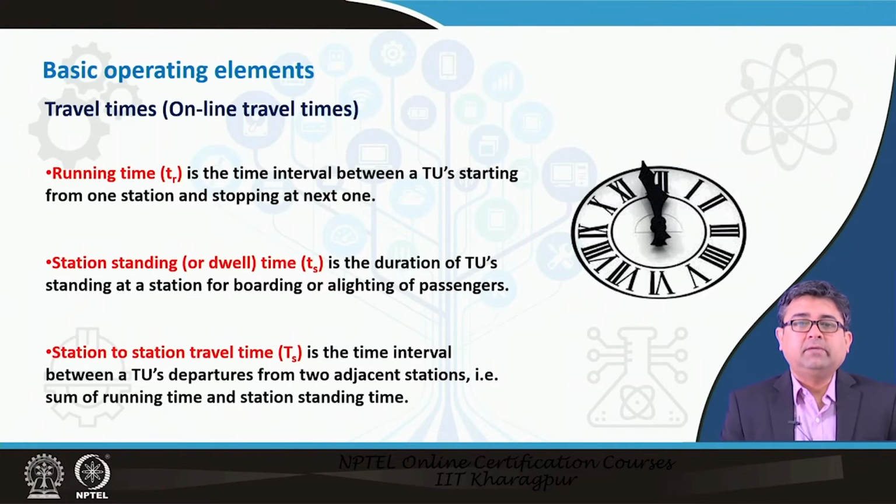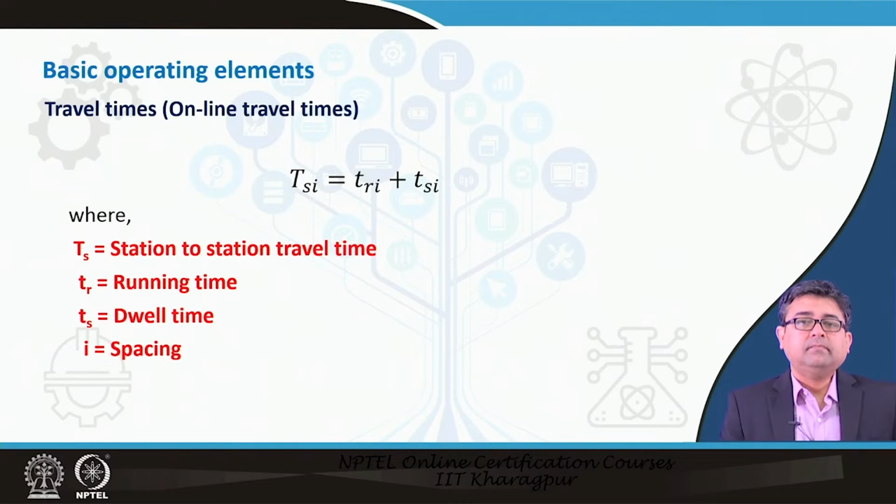These are two adjacent stations that we are using to calculate this station to station travel time. So, very simplistically, it is just the summation of the running time and the dwell time which gives you the station to station travel time.